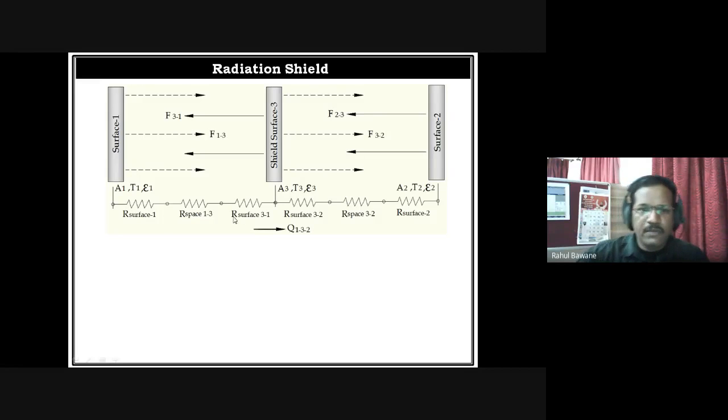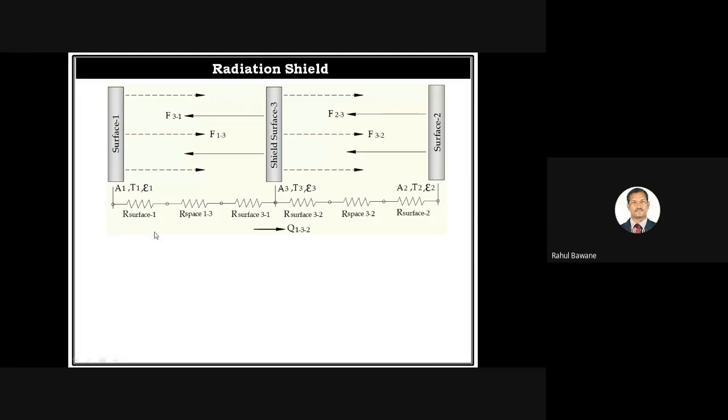Now what is the electrical analogy? Surface 1 has its own surface resistance, (1 minus emissivity) divided by (A times emissivity). Then the space between surface 1 and 3 has its space resistance, that is 1 upon (area times shape factor). Next, this radiation shield has its own surface resistance, on the face that is facing surface 1, so surface resistance 3 to 1.